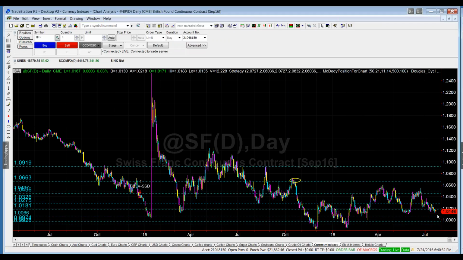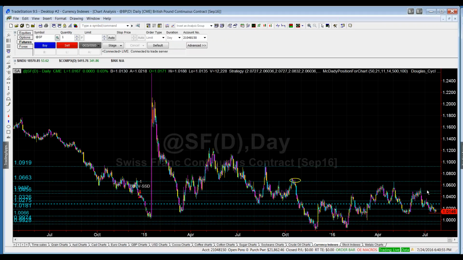And it's coming back. This was a big move here, but it's kind of moving. But Switzerland is Switzerland. I mean, the situation with Switzerland is very different than the situation with the UK.